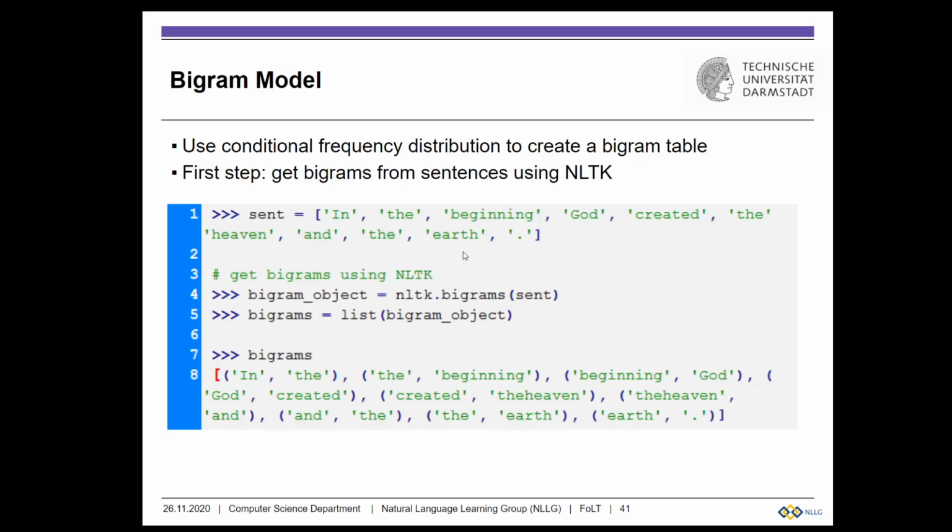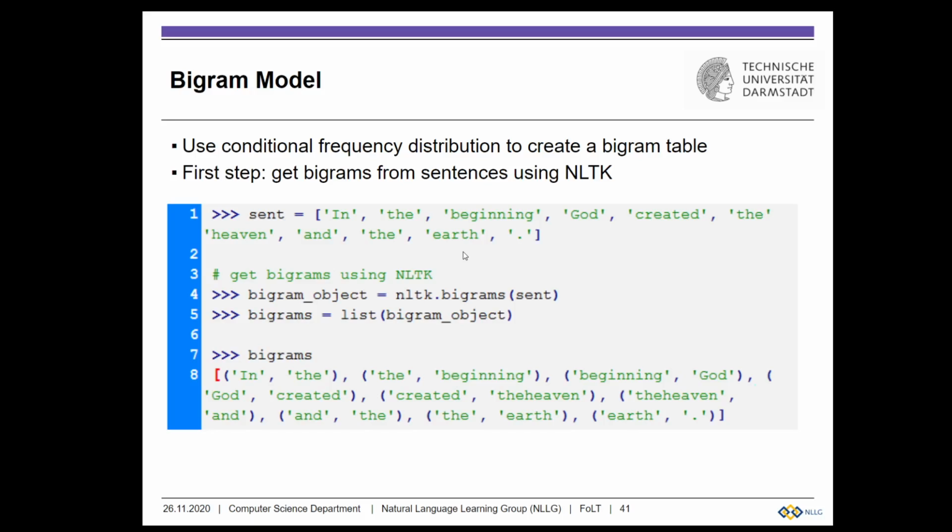Okay? So why do we have such a model? First of all, that's useful because we can generate text, as I will show you in a second. The motivation to have this is to generate text.